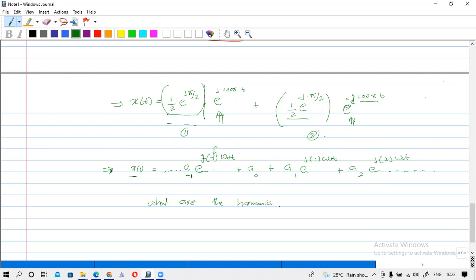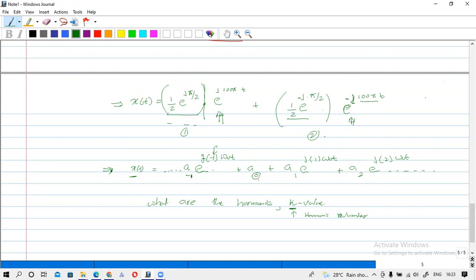Harmonic means the k value. You need to find the k value, because this k will indicate the harmonic number. So if you find the k value, these are k values.